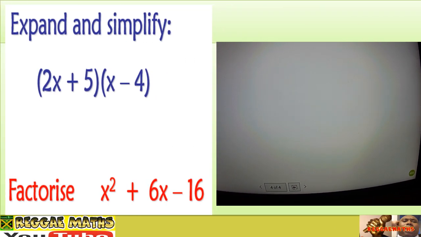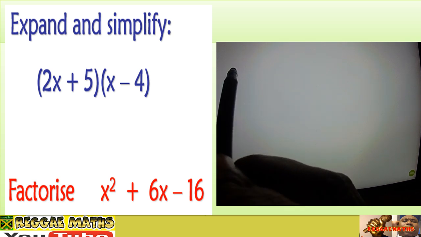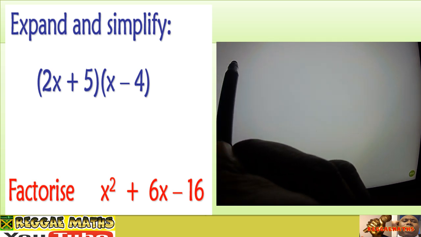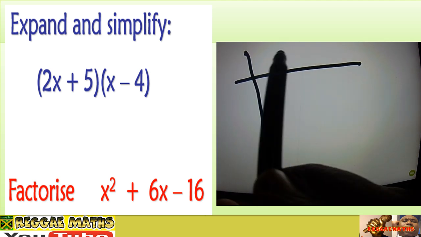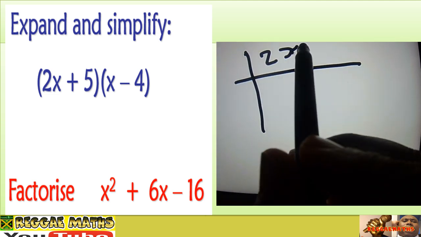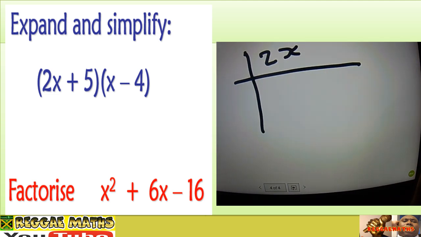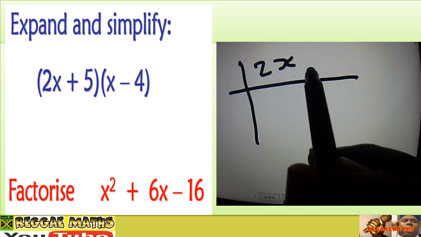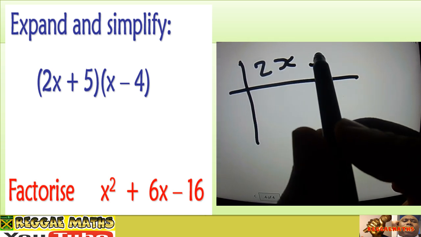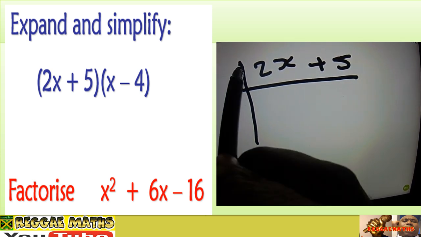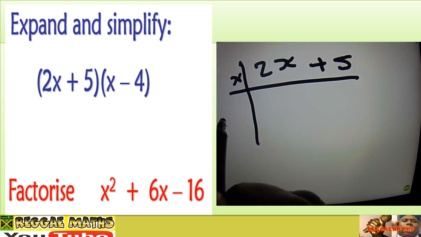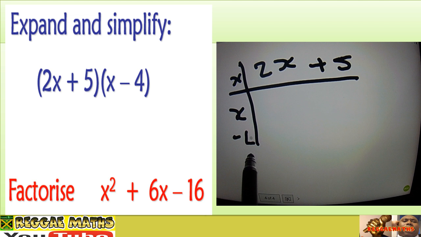Okay, we got here expand and simplify, and questions like these always turn up in the exam. So first of all, let's do the first question here. We got 2x plus 5 times x minus 4.